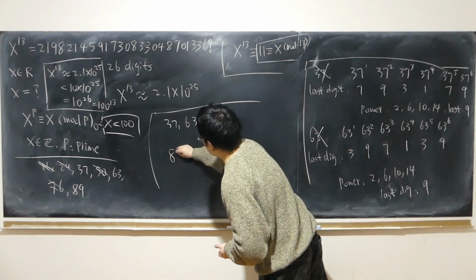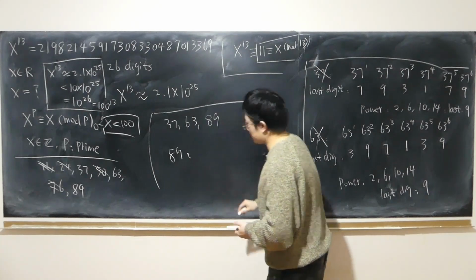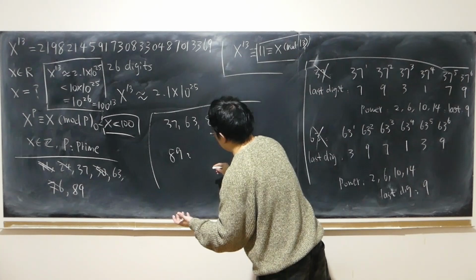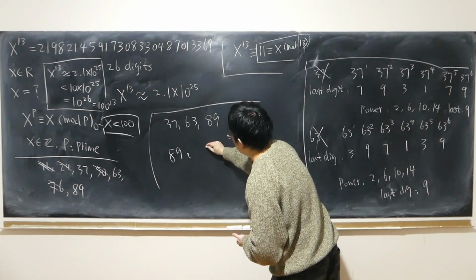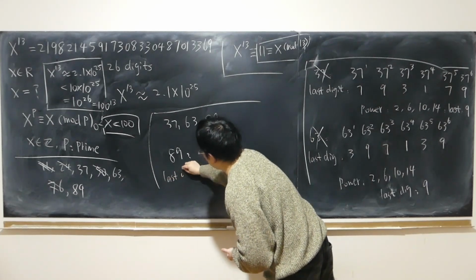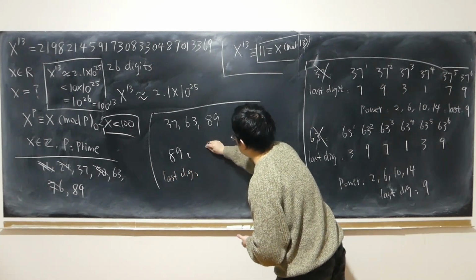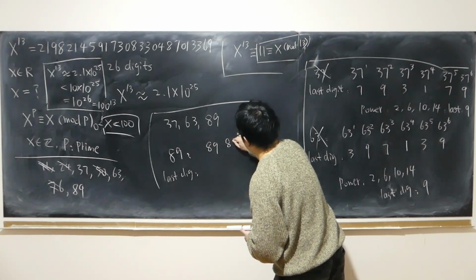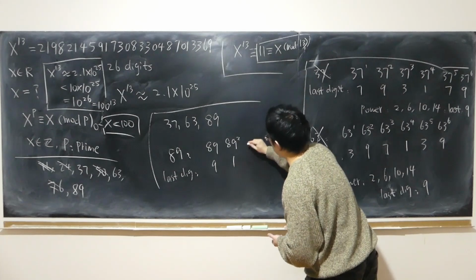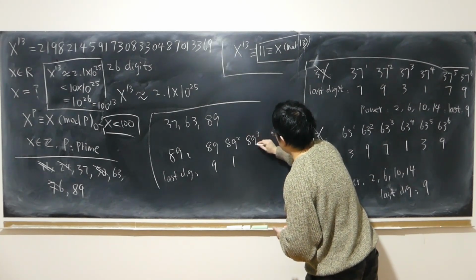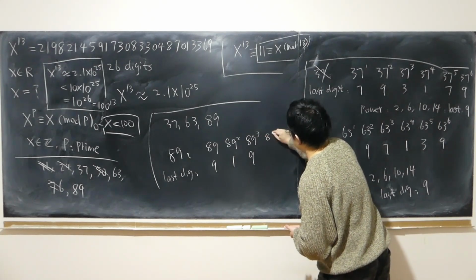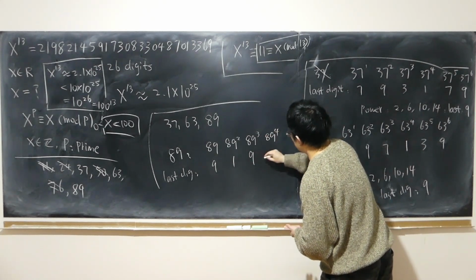So the only possibility is 89, because there are no other possibilities. In fact, the last digit raised to power 1 is 9, raised to power 2, 9 times 9 is 81, last digit 1. Raised to power 3, 9 again. Raised to power 4, 9 times 9, 81, 1 again.